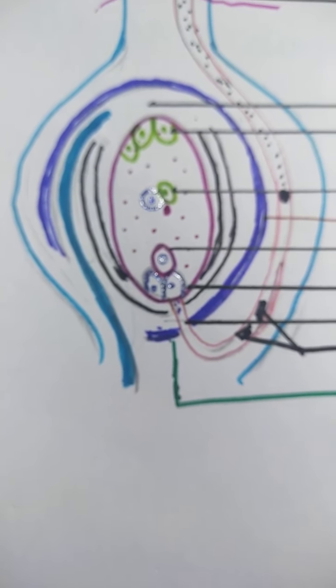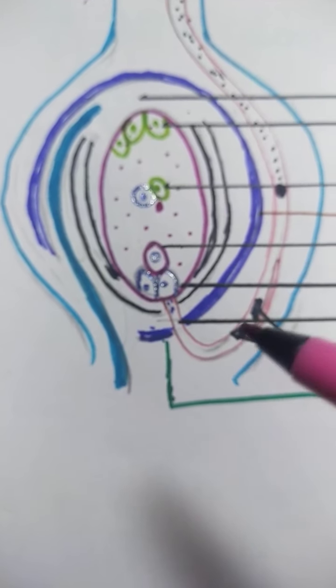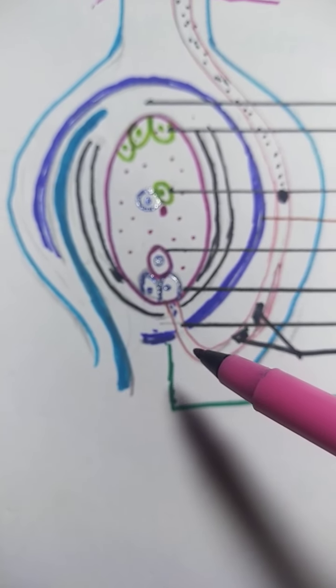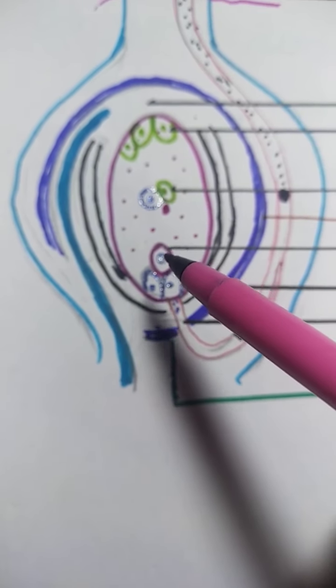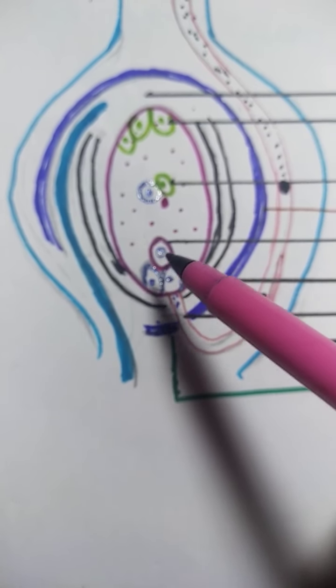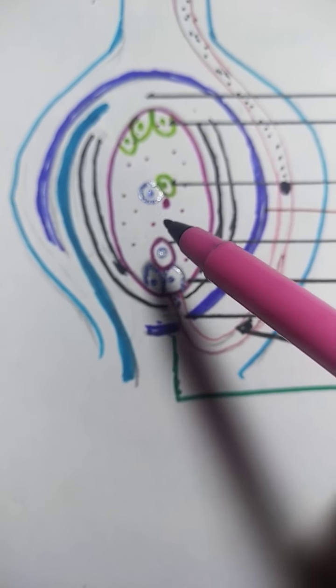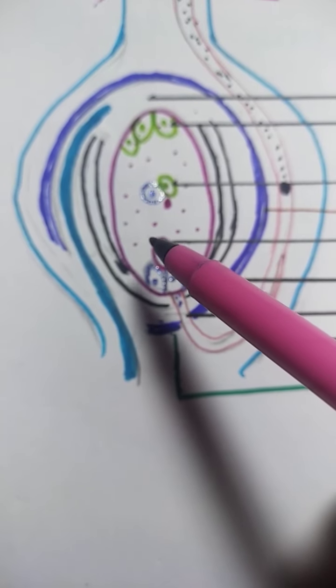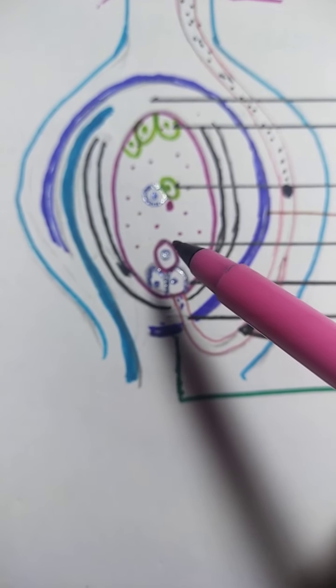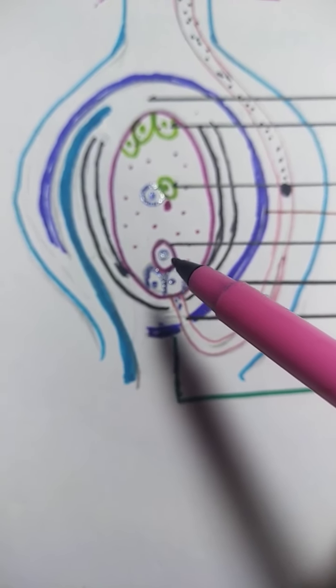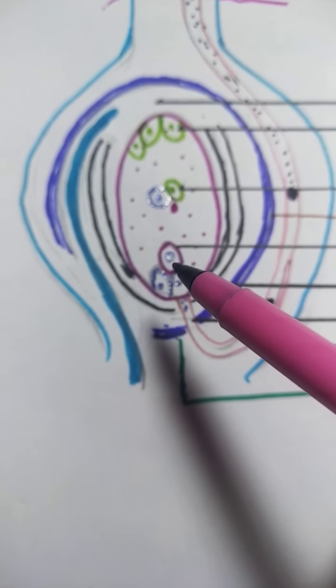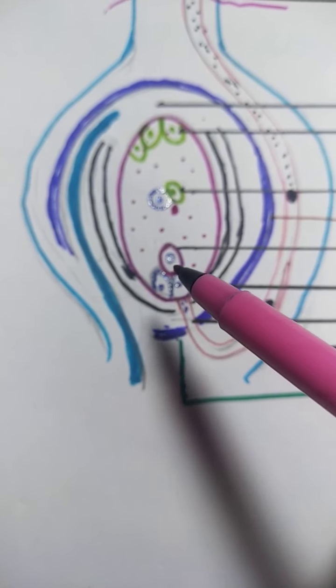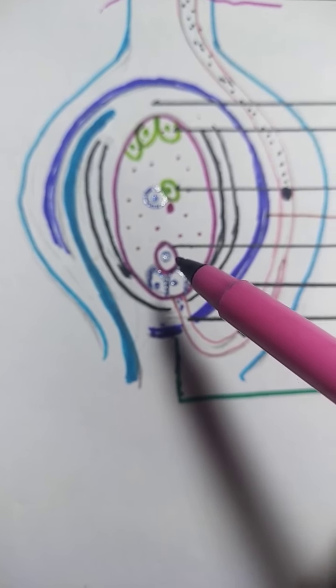So we have two fertilizations here. One is generative fertilization, where one male gamete fuses with the egg and produces a diploid zygote. It will finally form the seed, as embryonal differentiation takes place from this zygote.